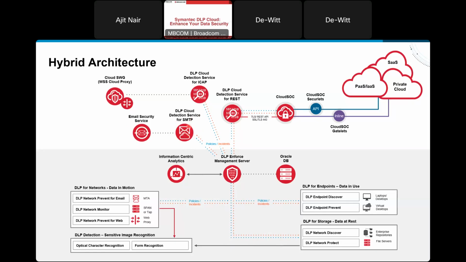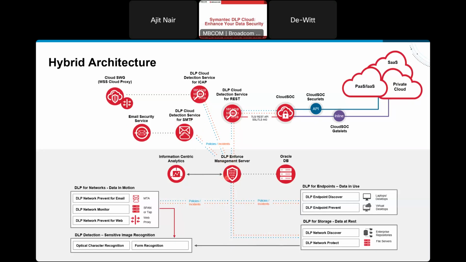Based on the policies that you have configured on the Enforce management server, we can do an analysis and an inspection against those emails. After that, you can have different response rules, such as a block response rule. So when an email originates from an Office 365 domain, and DLP inspects that email and finds a policy violation, we can instruct our SMTP CDS to block that content.